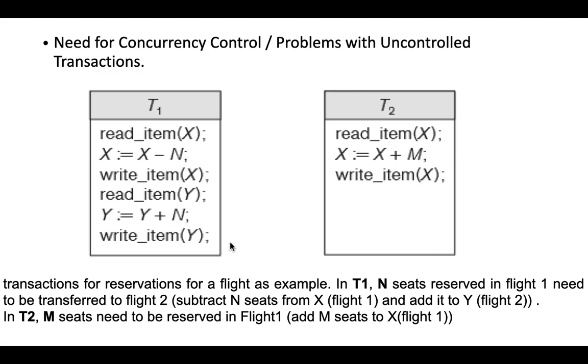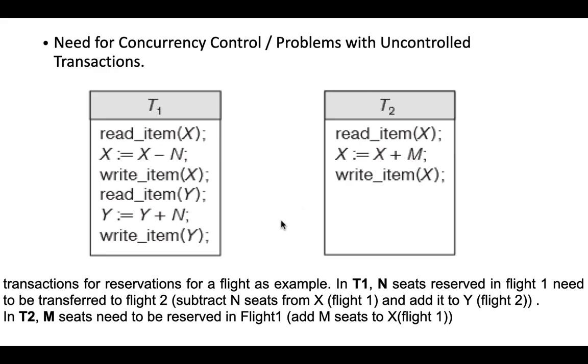So now I have used an example of banking to explain this statement. In your notes and in your textbook, they have used a flight reservation example. It's like n tickets are being transferred from this flight to another flight, and some reservation is made on this flight. So you can use any example actually.